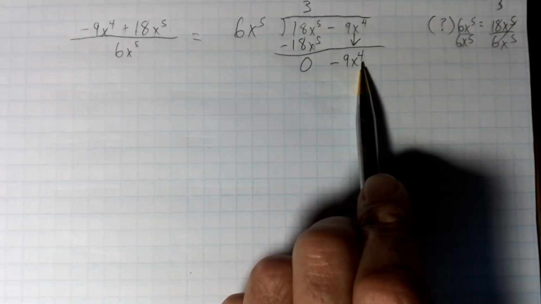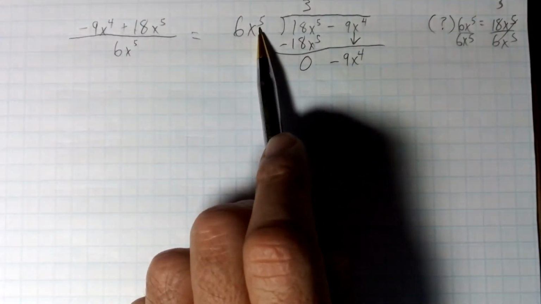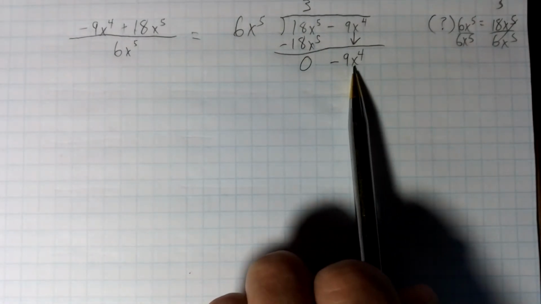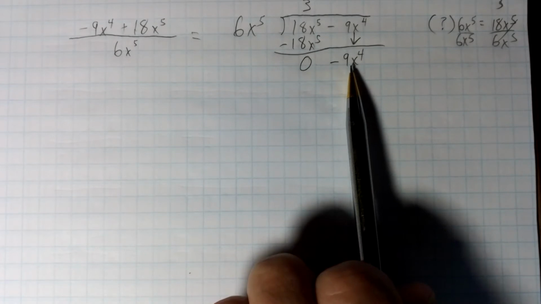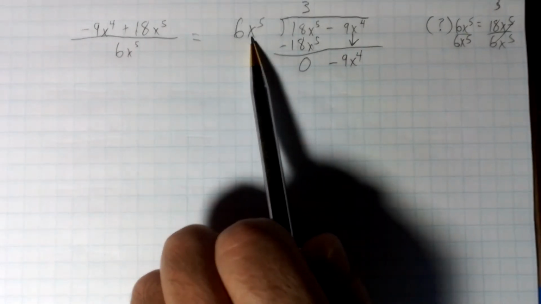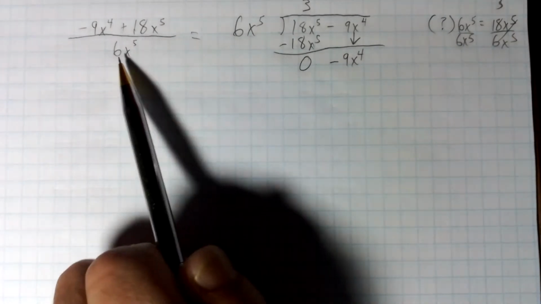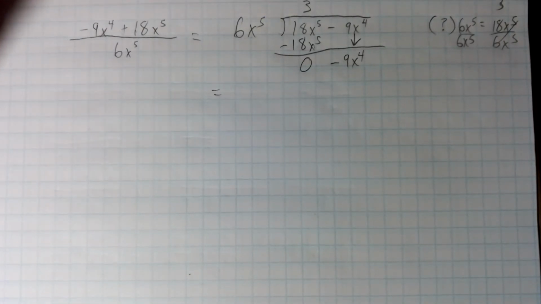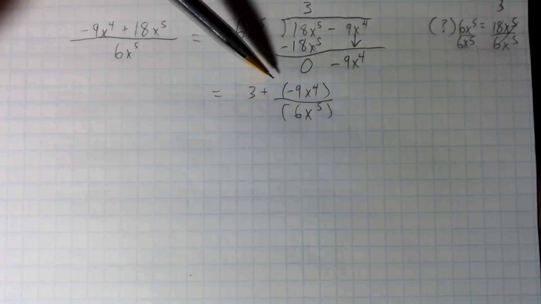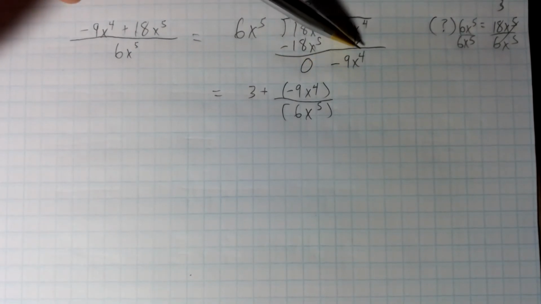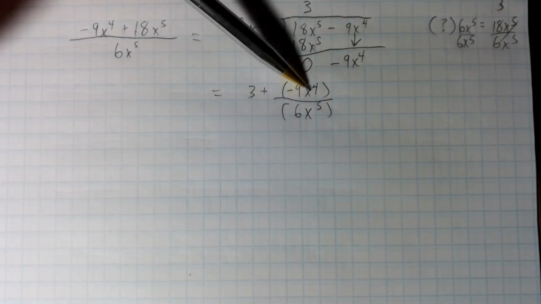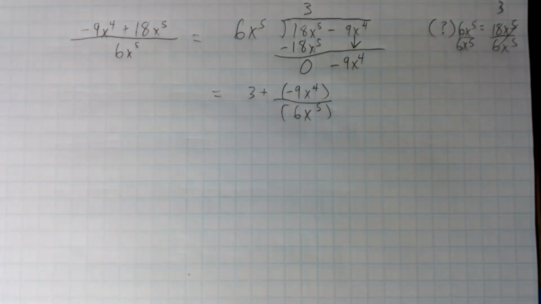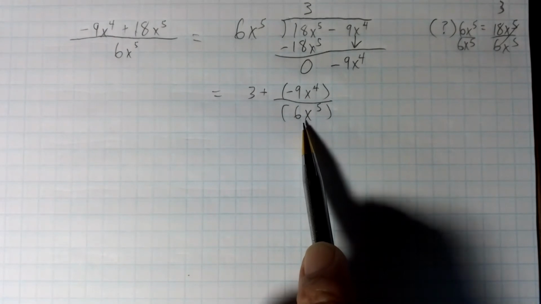Because the power is less than the power I'm going to work with, this turns out to be my remainder, and my remainder is always divided by what my denominator was. So what am I talking about? This operation shows that 3 plus the remainder, the negative 9x to the 4th, is in the numerator, and here is the denominator.